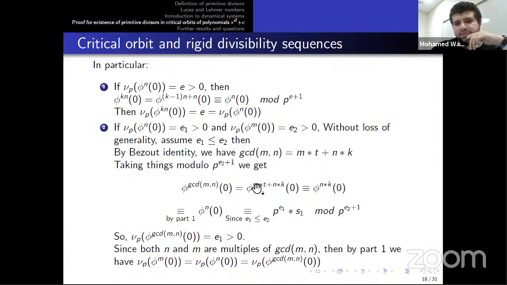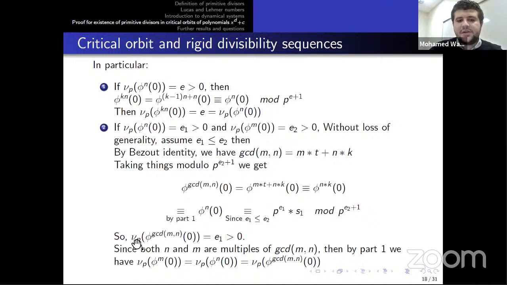So we can remove the m t, so that is congruent to phi n k. And by the first part, this is congruent to phi n of 0. And because p^e1 is less than p^e2, so less than p^(e2+1), this is just congruent to p^e1 times some constant.